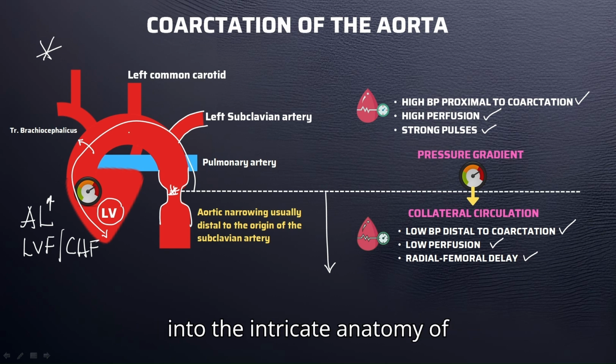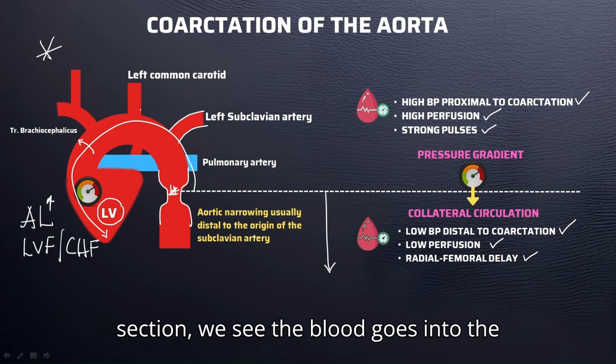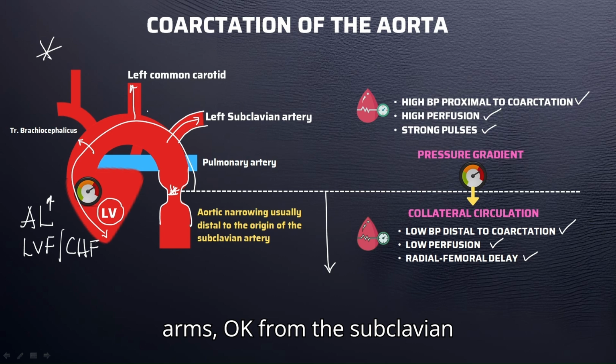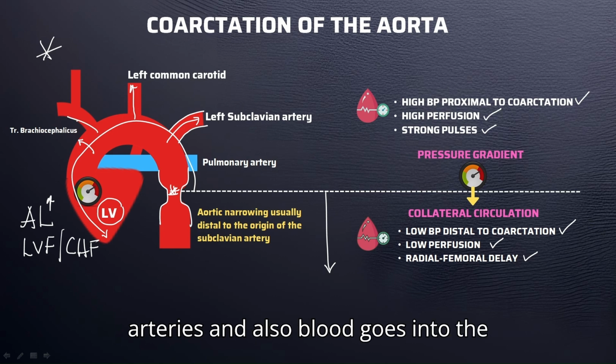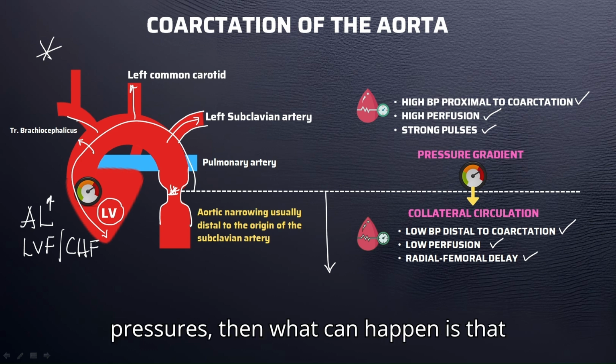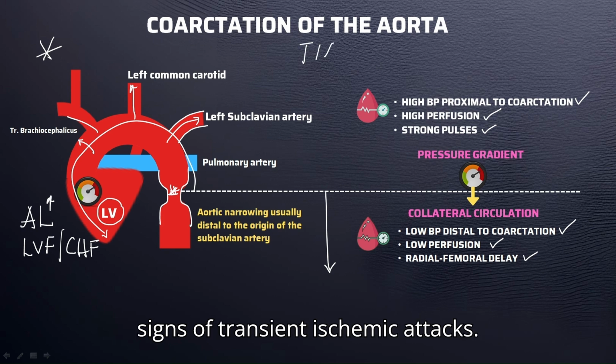Furthermore, looking into the intricate anatomy of blood circulation in the proximal section, we see that blood goes into the brain from this part, blood goes into the arms from the subclavian arteries, and also blood goes into the chest as well. Now, if this part is exhibiting extremely high blood pressures, then patients may complain of, for example, signs of transient ischemic attacks.